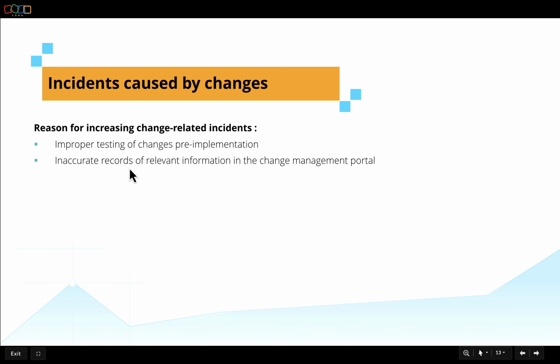So, this unusual phenomenon of more incidents being triggered from scheduled or periodic changes might be due to multiple factors, including improper testing of changes pre-implementation or inaccurate records of relevant information regarding the change or other aspects related to change in the change management portal. Armed with these insights, IT teams can develop strategies to minimize incident spikes caused due to change implementations.